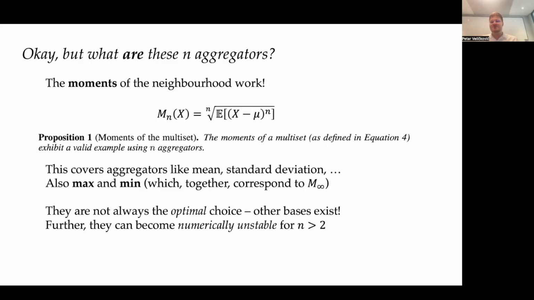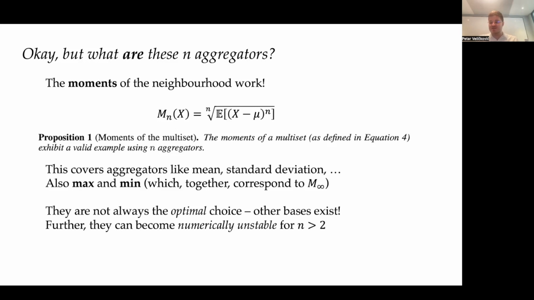So these functions gradually generate first the mean, then the standard deviation, the skew, the kurtosis, and so on and so forth. And it actually also covers max and min, because when you take the maximal and the minimal element, taken together, they give you an estimate of the infinity moment, right? The biggest discrepancy in your data set.